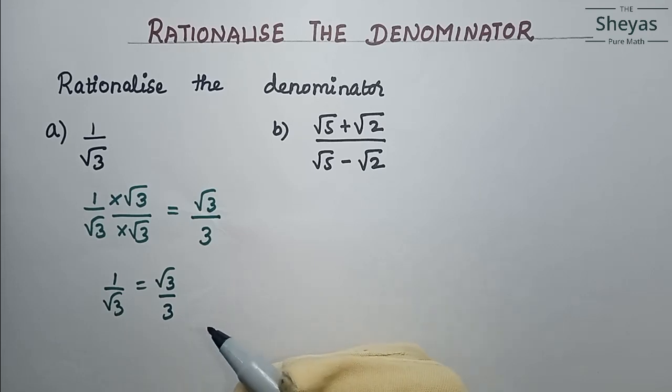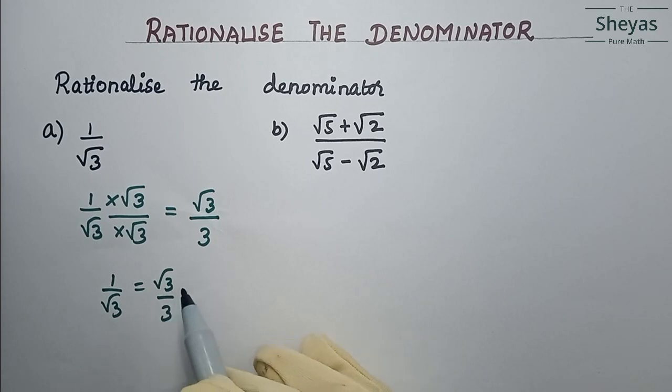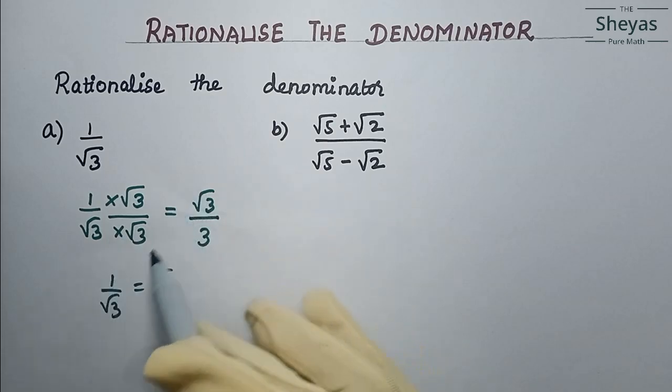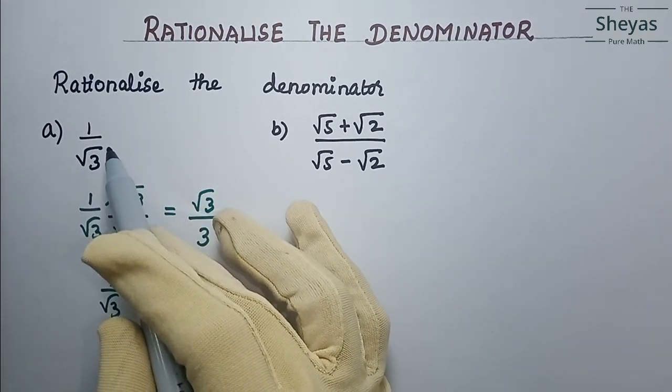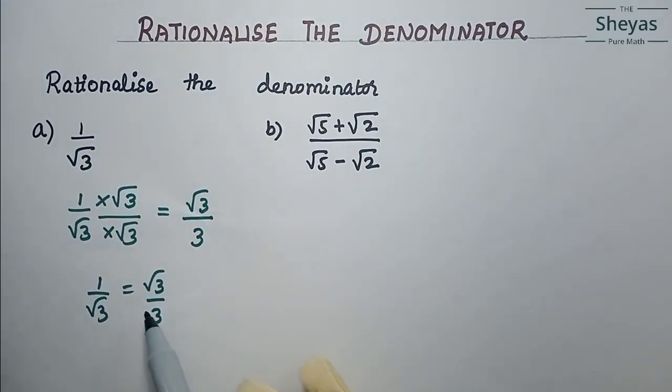So what is rationalizing the denominator? Removing square roots or surds from the denominator. Here we had a surd, that is square root 3. So we have rationalized the denominator and got the answer root 3 by 3.